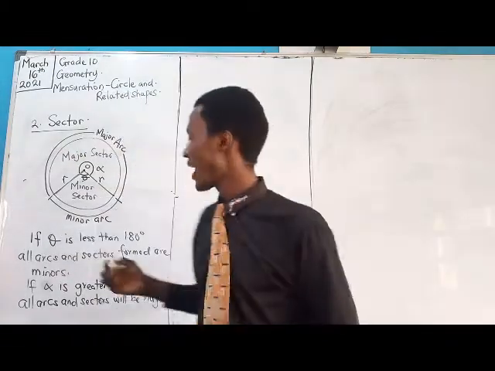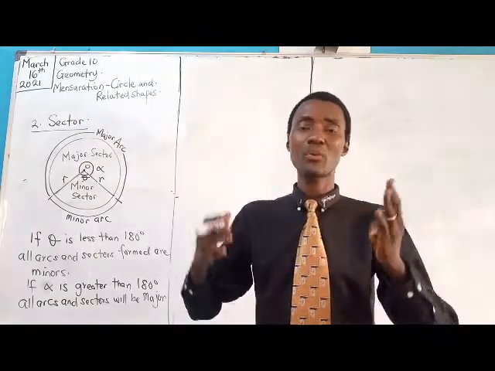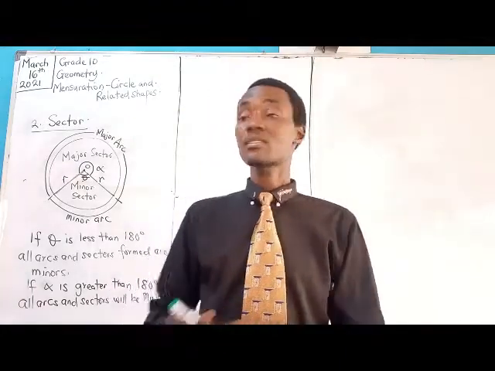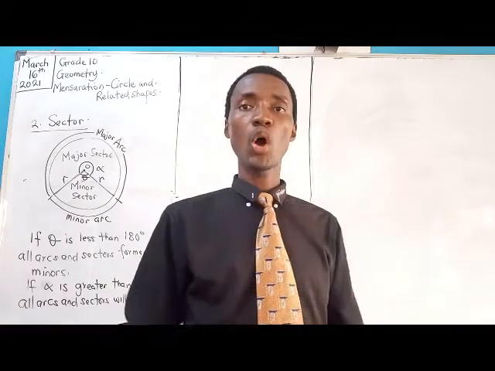So the arcs and the sectors form whenever the angle, we just say theta, we just say alpha. But the key point here is that if it is greater than 180, it becomes a major one.